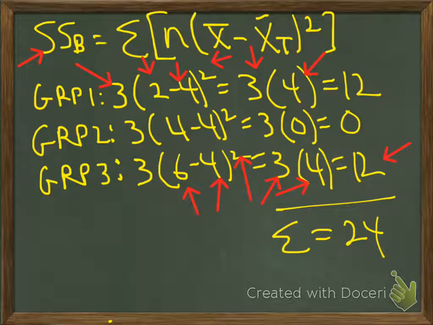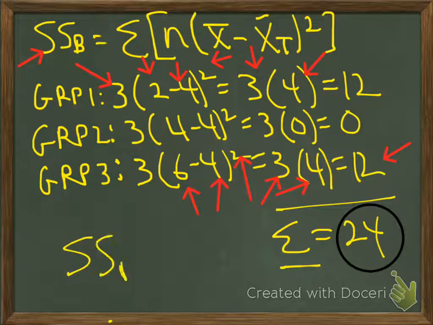And then you just take the sum of these squared deviations, and you get this value. 24 is the SSB. Sum of the square deviations between groups.